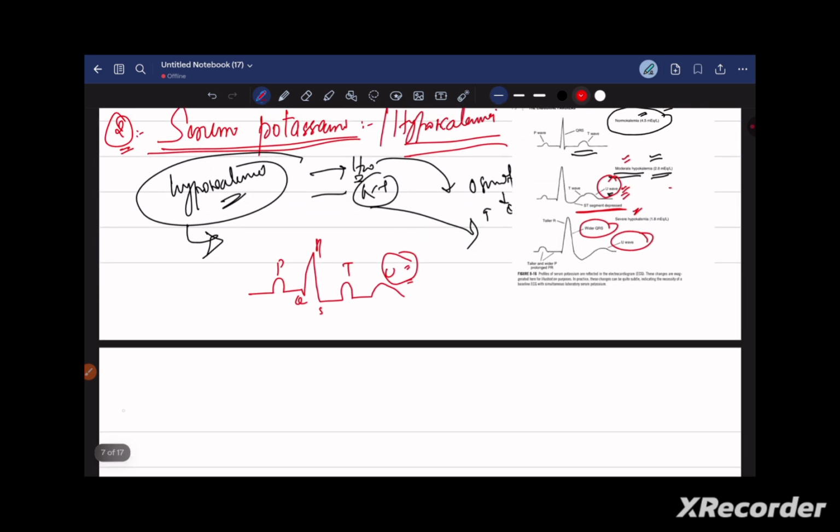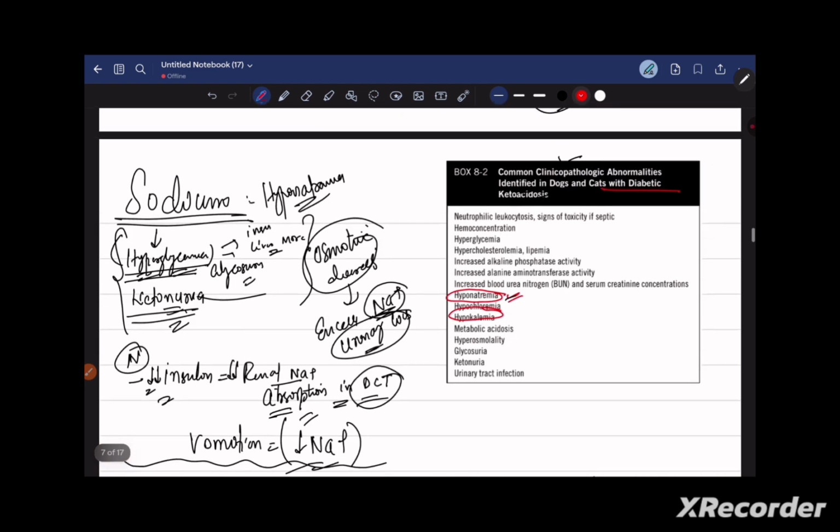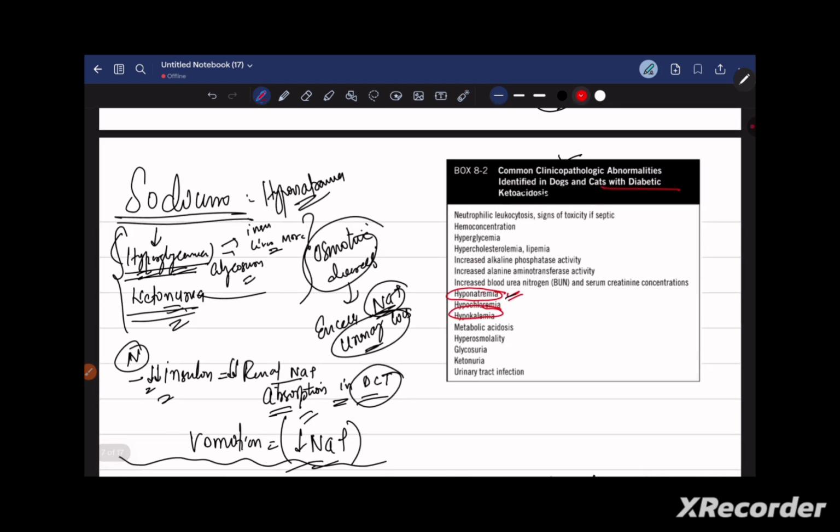The third finding in this case is what will happen with the blood urea nitrogen and creatinine. Here you just have a look that there will be increased blood urea nitrogen and serum creatinine.